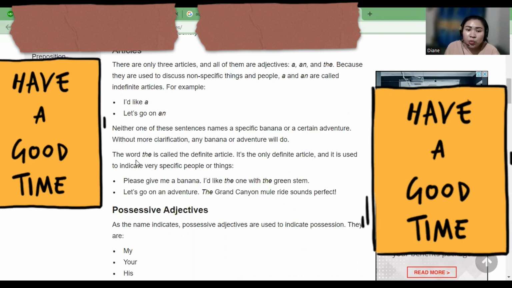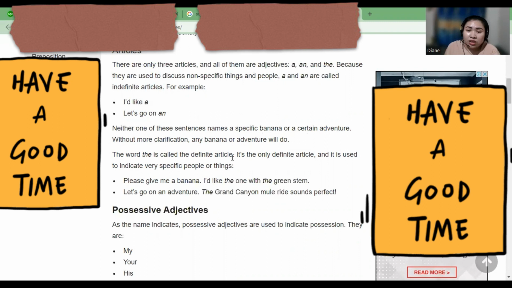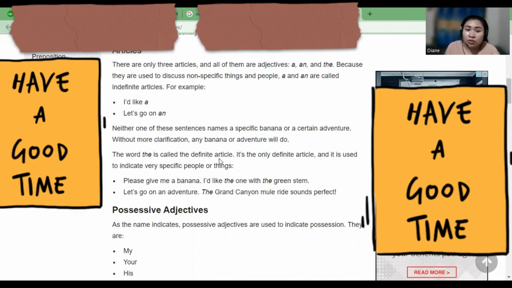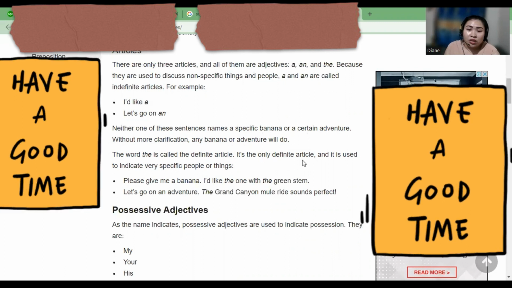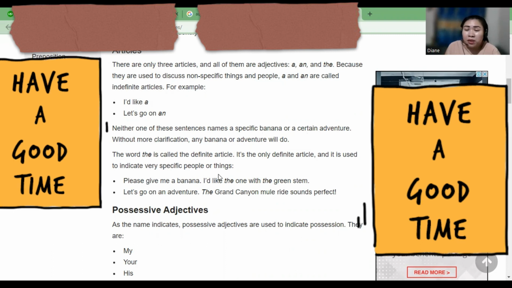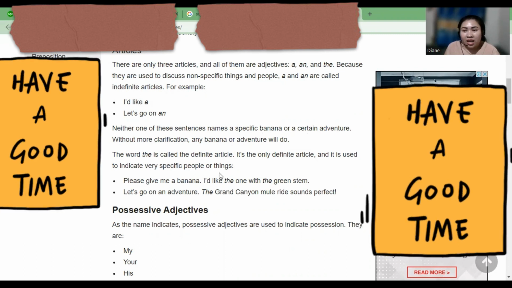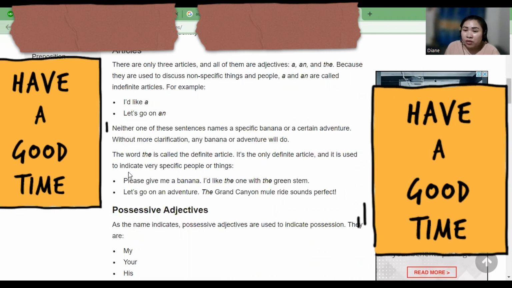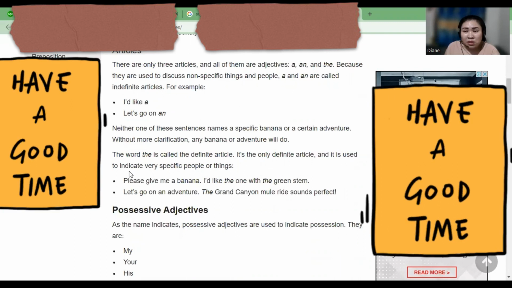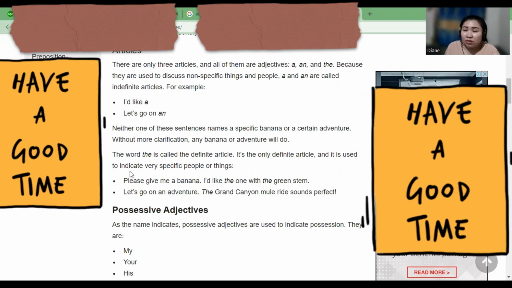Here the word the is called the definite article. Take note, the definite article. It's the only definite article and is used to indicate very specific people or things. A and an are indefinite articles, and the is the definite article, which means specific things, specific people.